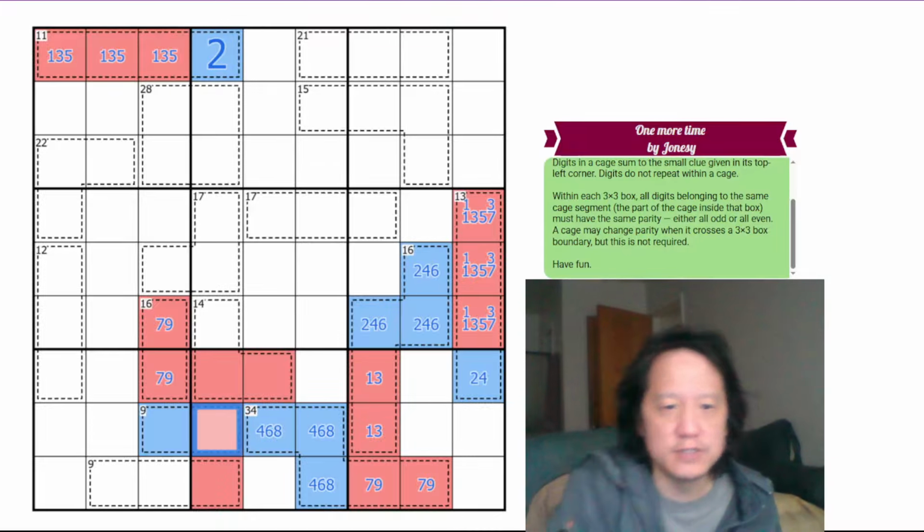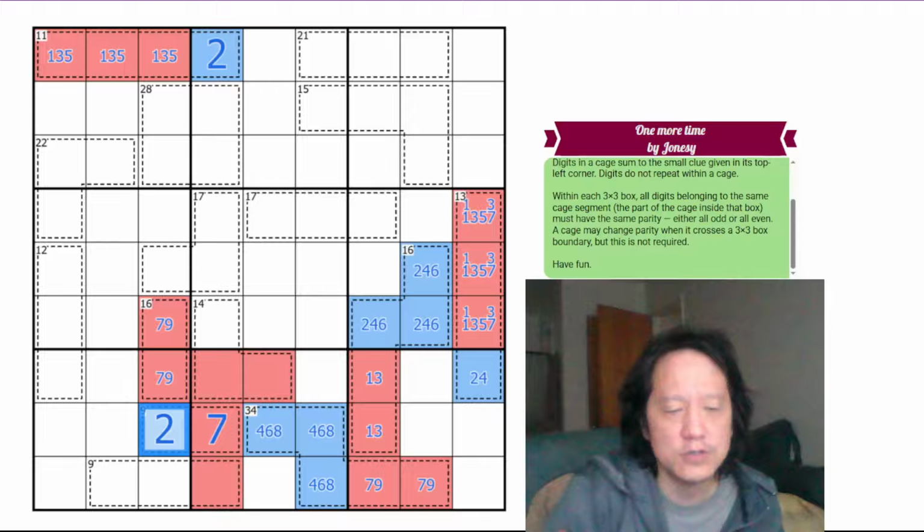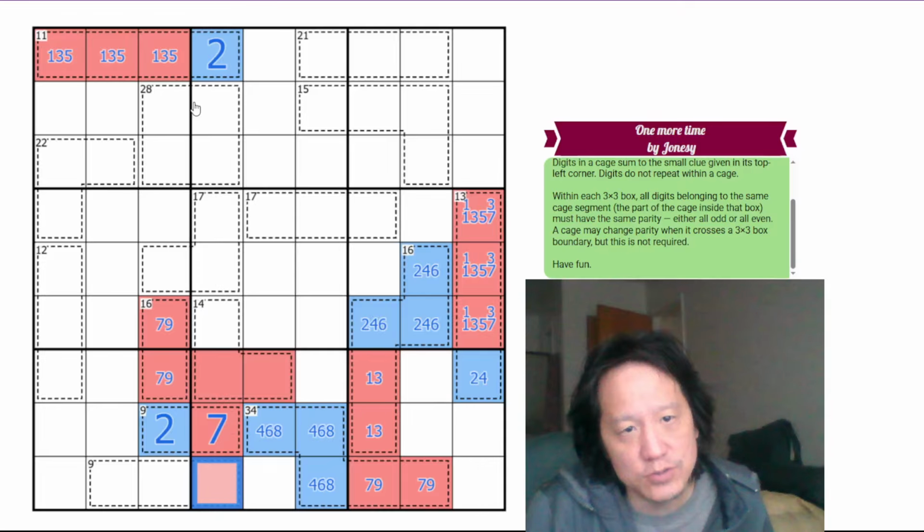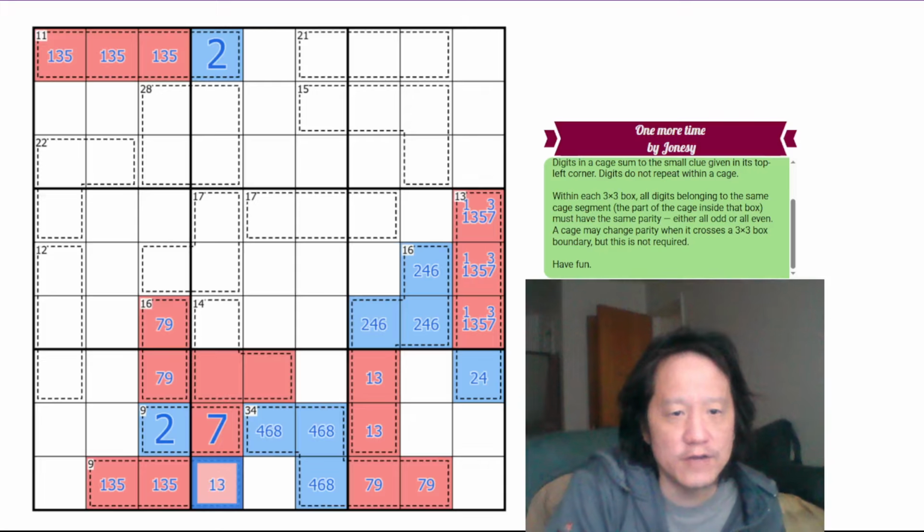So this must be 7, which makes this a 2. Now, to add up to 9 with 3 unique digits, you either have a 2 or it's 1, 3, 5. So this cannot be 2 in these cells. This can't be 2 here because of the 2 in the column. So this has to be 1, 3, and 5, which means all of these are odd.